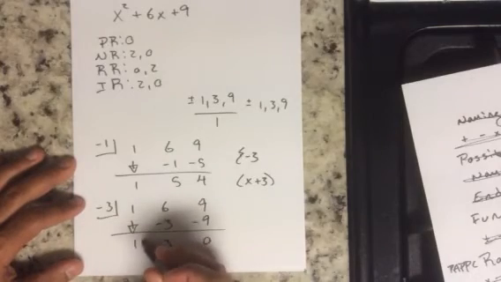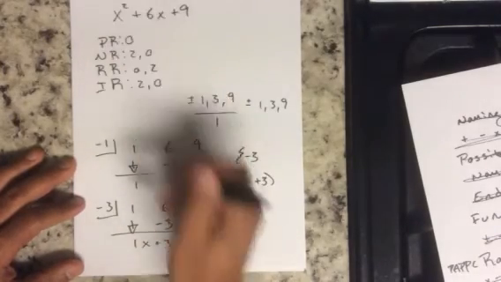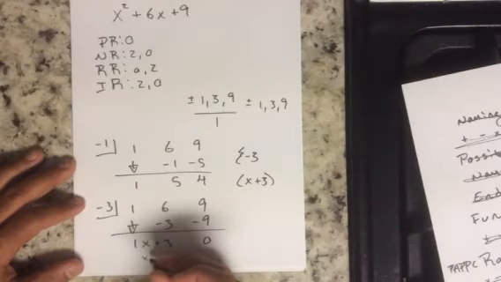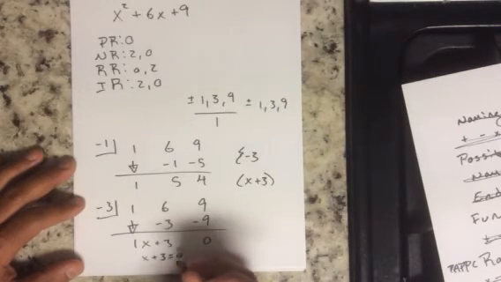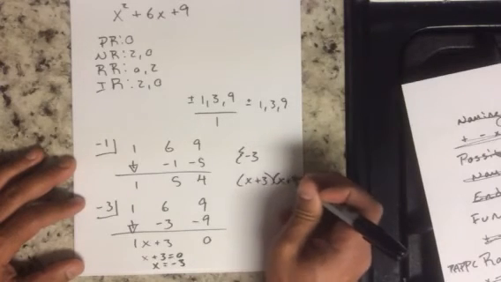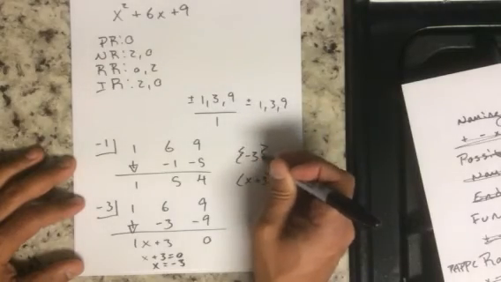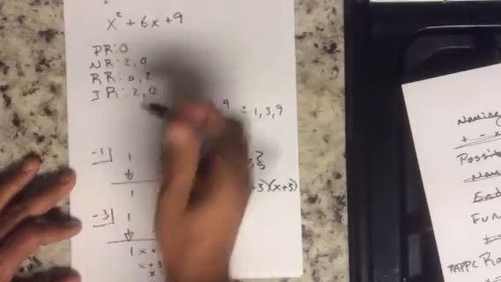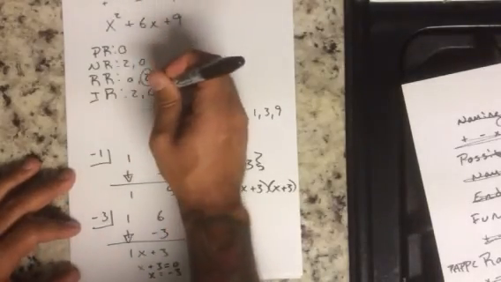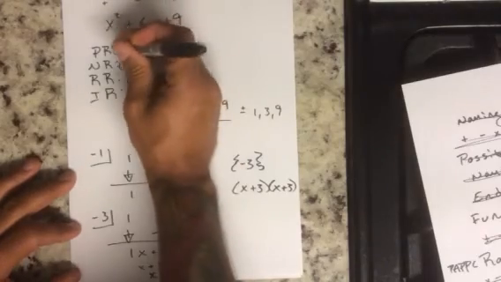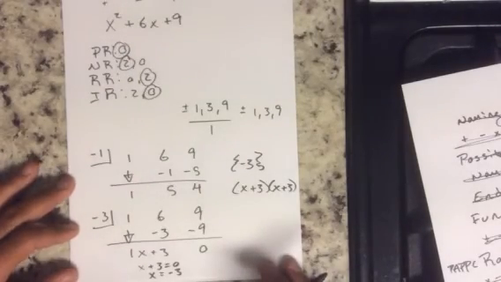This leaves me with x plus 3 because I start one exponent less, which means this is going to give me negative 3 as a second root. So my second factor is x plus 3, and I don't have to write out that I have that twice. So 2 reals, which means 0 imaginaries, and I have 2 negative roots, 0 positive roots.